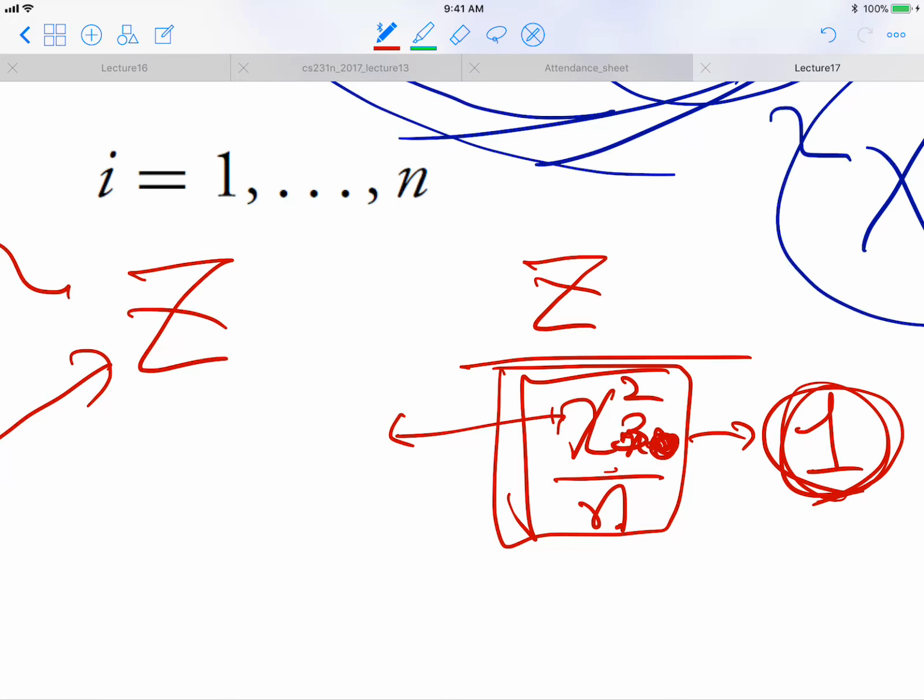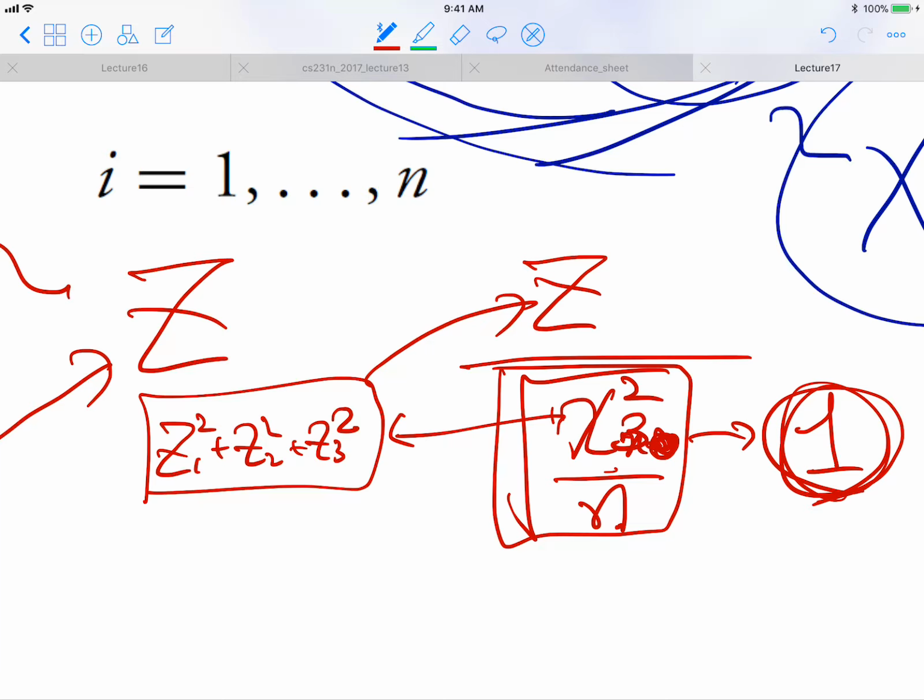If n was like 3, it will be just like z1 squared, z2 squared, z3 squared. And of course, these z's are independent and different from this z, right? So numerator and denominator should be independent. We didn't prove it rigorously, but in many cases this guy and this guy are independent, so that satisfies the requirement of the T distribution.